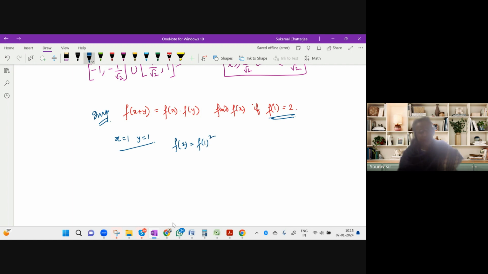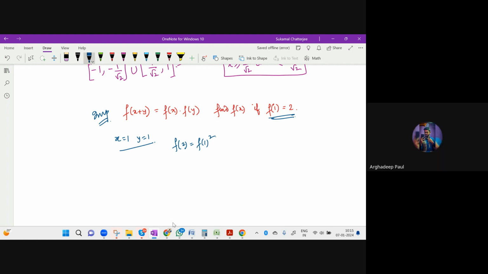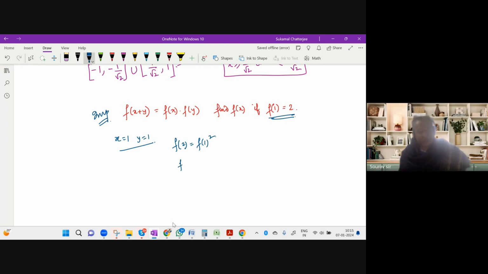So what would be f of 3 now? f of 3 will be f of 2 into f of 1, since 3 is 1 plus 2, and f of 2 is f of 1 square.